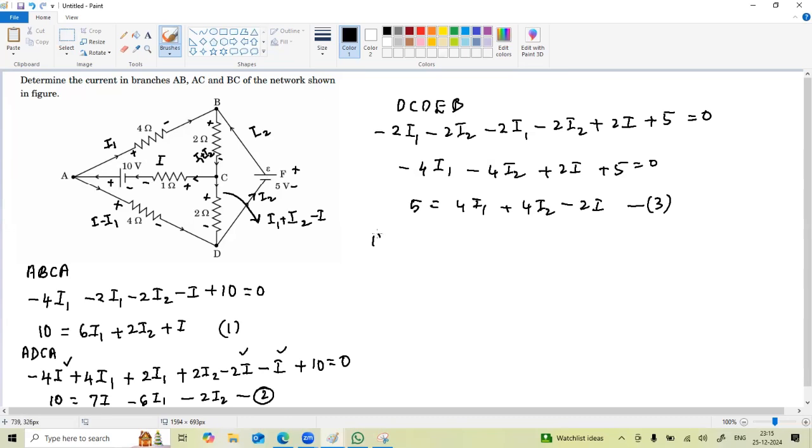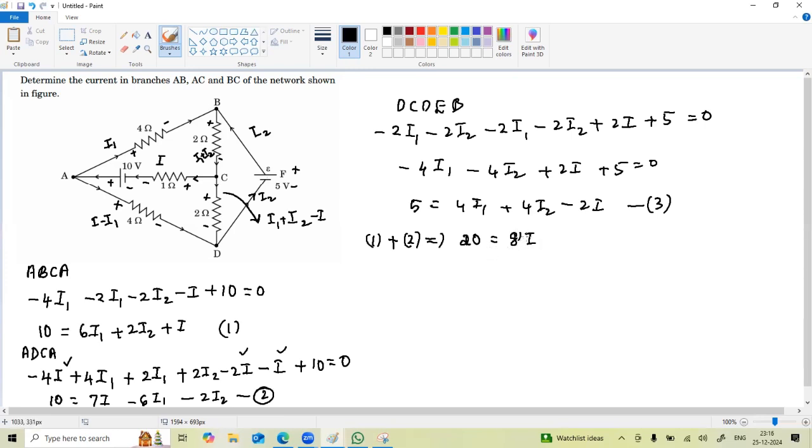So equation 1 plus equation 2 gives you 10 and 10 add up to 20. On the right side 6I1, 6I1 get cancelled. 2I2, 2I2 plus minus get cancelled. I plus 7I will be 8I.